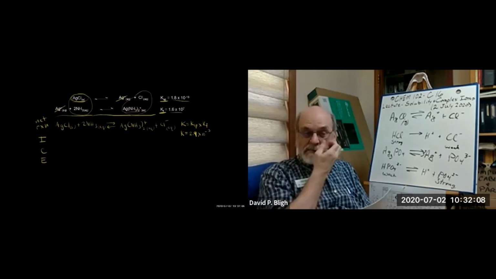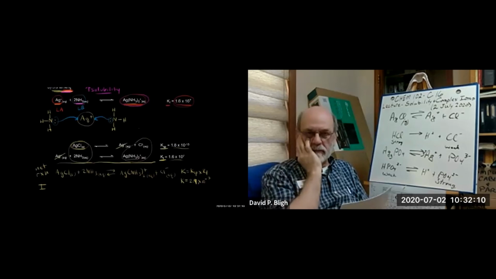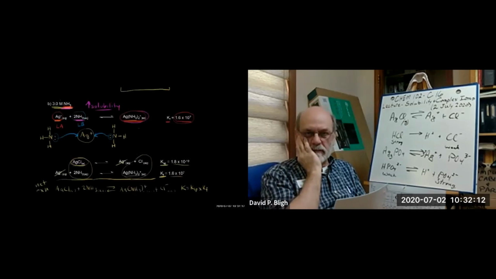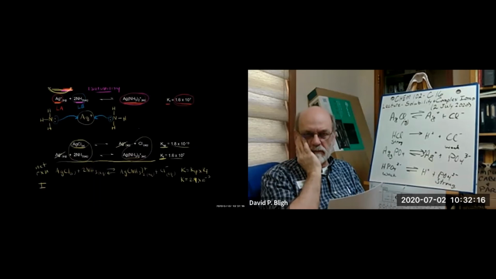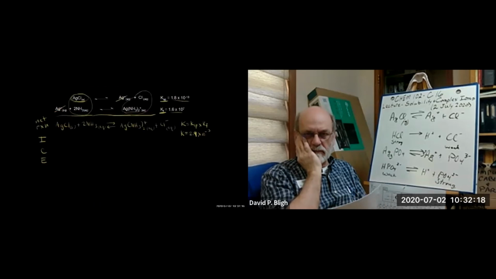We started with a 3 molar solution of ammonia, so our initial concentration of ammonia is 3 molar. If we haven't added any silver chloride, then we don't have any complex ion, so that initial concentration is 0, and we also wouldn't have any chloride anion, so that concentration would be 0 too.